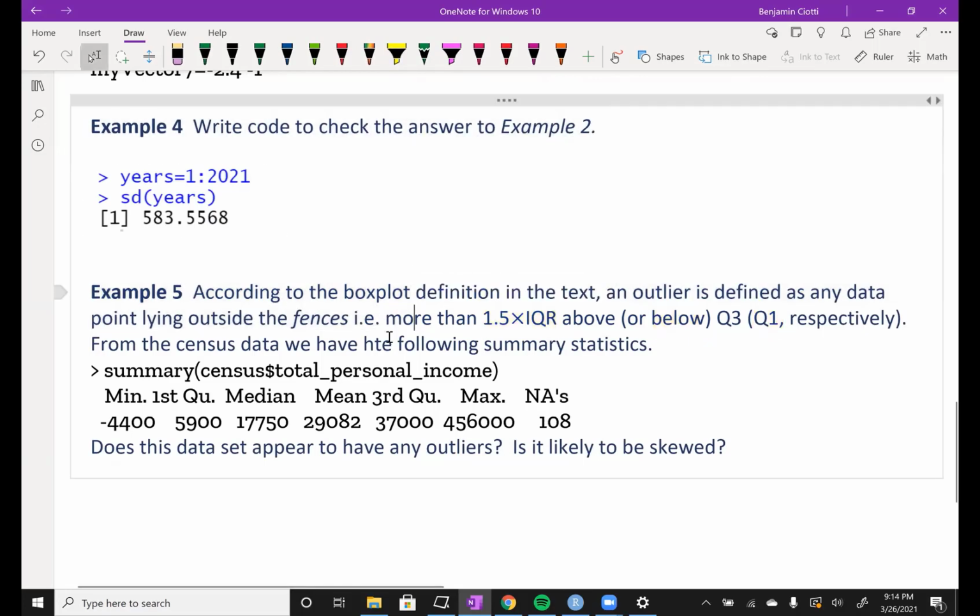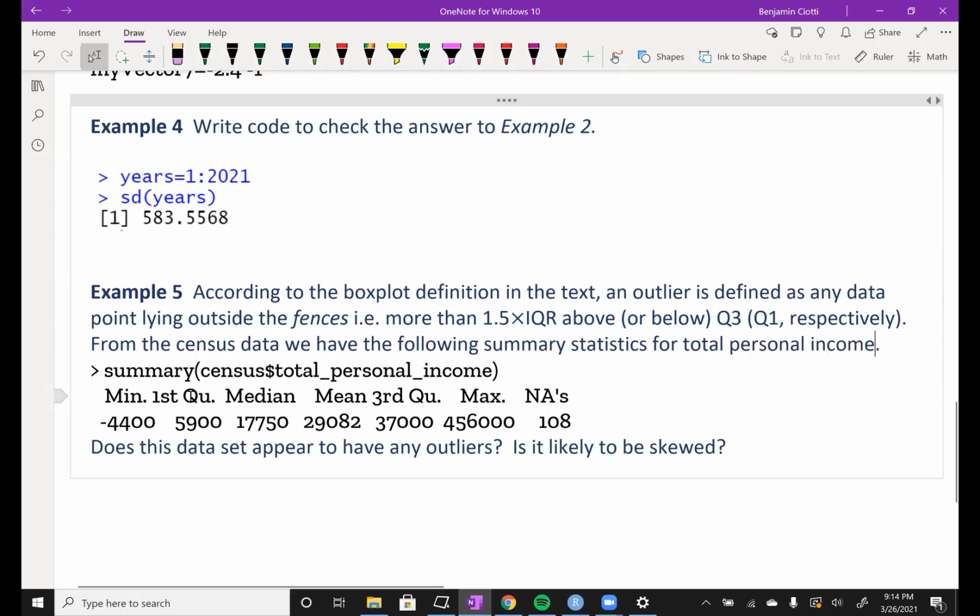Oops, there's a little typo right here. Sorry. So here are some summary statistics from the census data, which I've made reference to in earlier videos. These are summary statistics for total personal income.